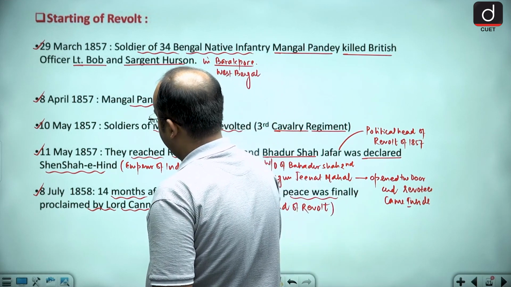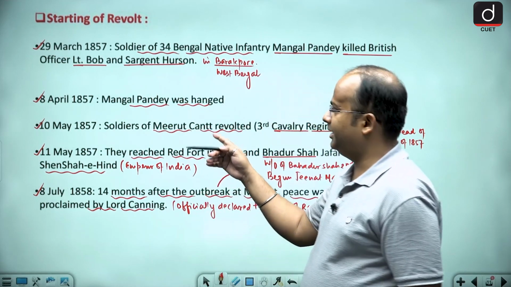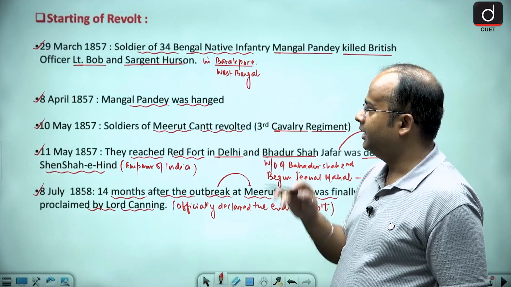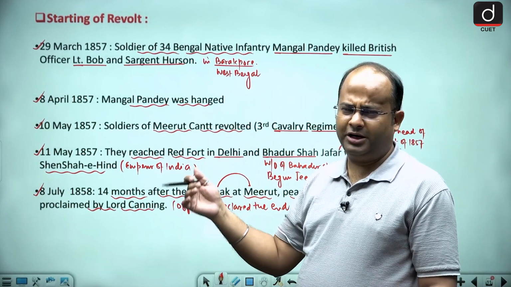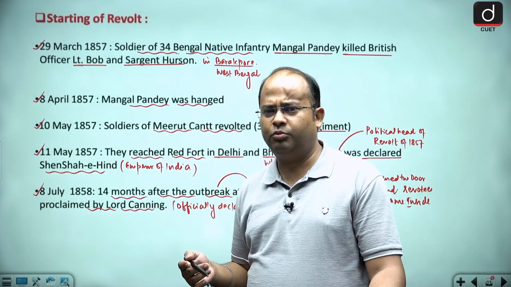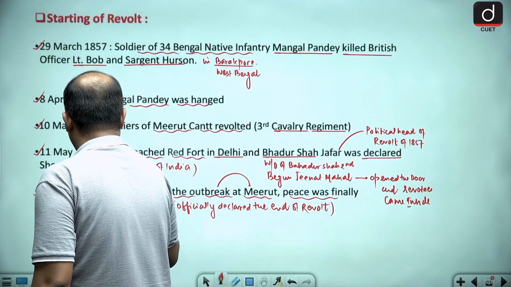So it was 14 months after the outbreak of the revolt in Meerut, because in Meerut, guys, it started in May 1857. It is not exactly 2 months, it is almost 14 months.